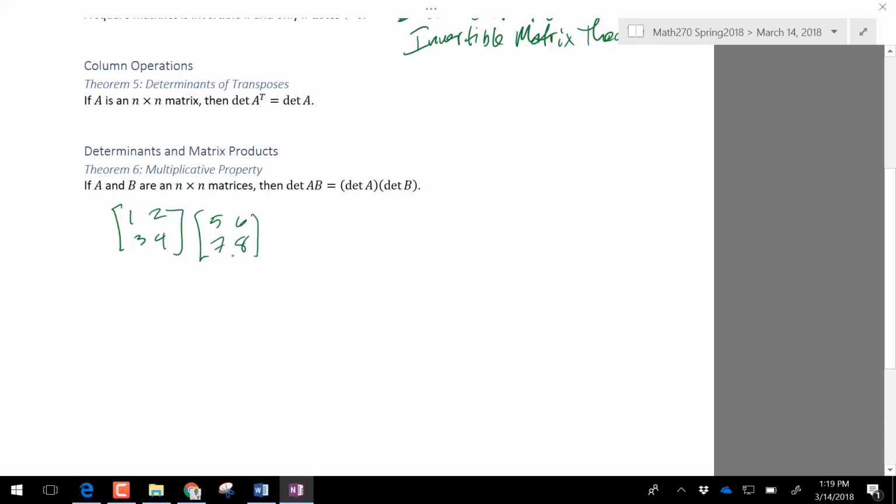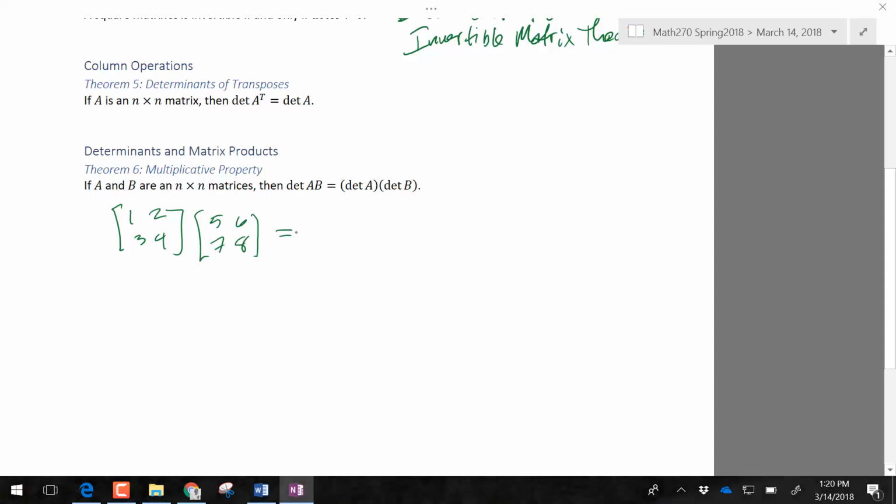All right. So let's multiply these two first and then find its determinant. And then let's find the determinants of each and see if we can do a comparison. So let's multiply these two. I got 5 plus 14, 19. 6 plus 16, 22. 15 plus 28, 43.